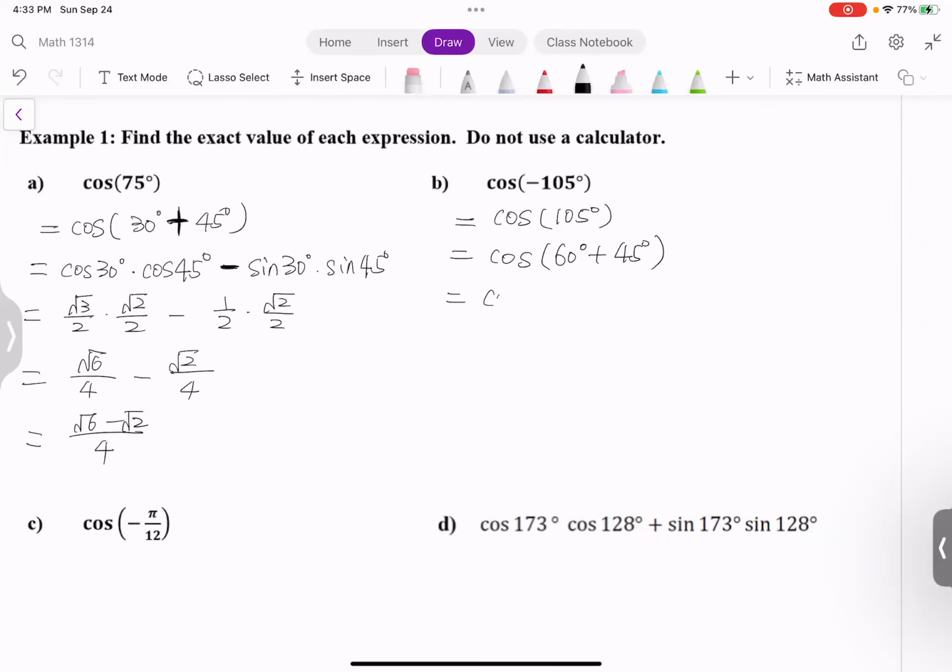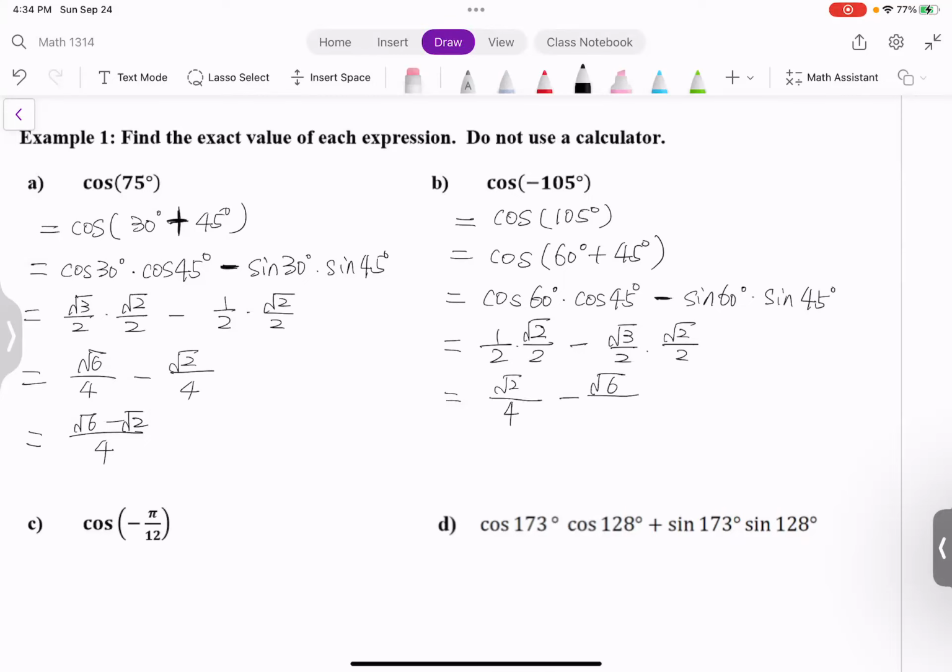Then use the formula: cosine 60 degrees times cosine 45 degrees, minus sine 60 degrees times sine 45 degrees. Putting in the values: 1/2 times square root of 2 over 2 minus square root of 3 over 2 times square root of 2 over 2. We have square root of 2 over 4 minus square root of 6 over 4. Combined, that is square root of 2 minus square root of 6 over 4.